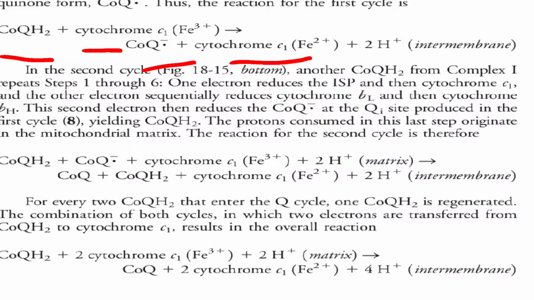So like here, we are having the 4 H positive ions produced from the third enzyme complex, which are moving towards the intermembrane space region, and it will lead to the movement of electrons towards the cytochrome C1, and it will lead to the reduction of the cytochrome C1 from Fe3 positive to Fe2 positive.